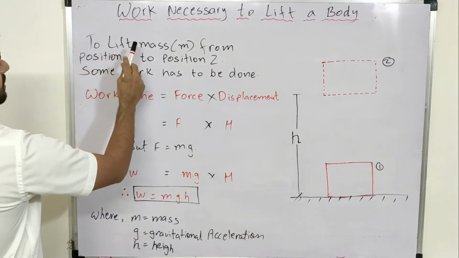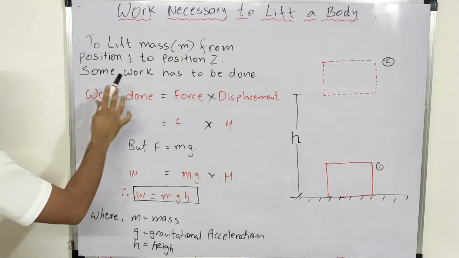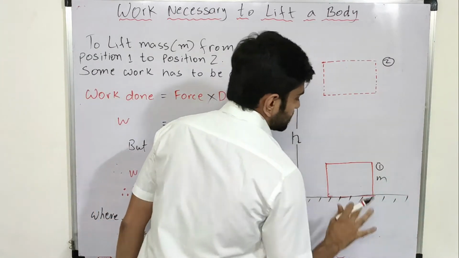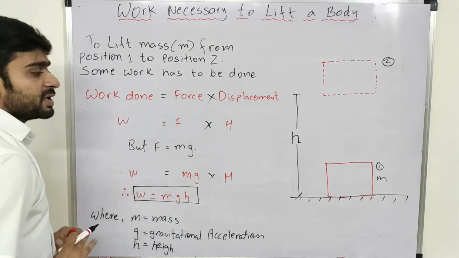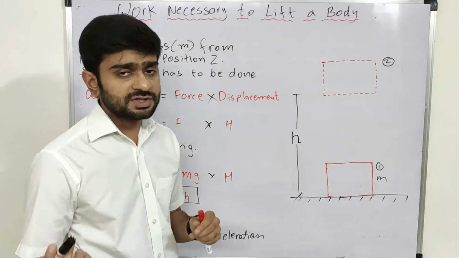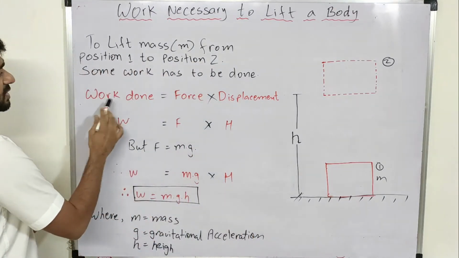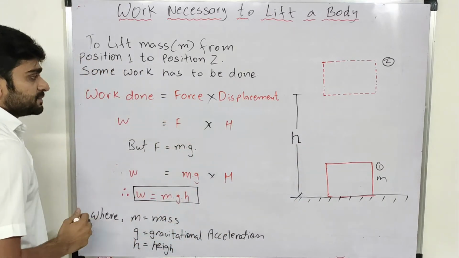So to lift the mass m from position 1 to position 2, some work has to be done. So suppose this is a mass. The mass we are talking about in this definition, some work is to be done, right? As per our discussion in the previous lecture, we also know the formula for work done, that is, work done required to lift this body will be force into displacement.